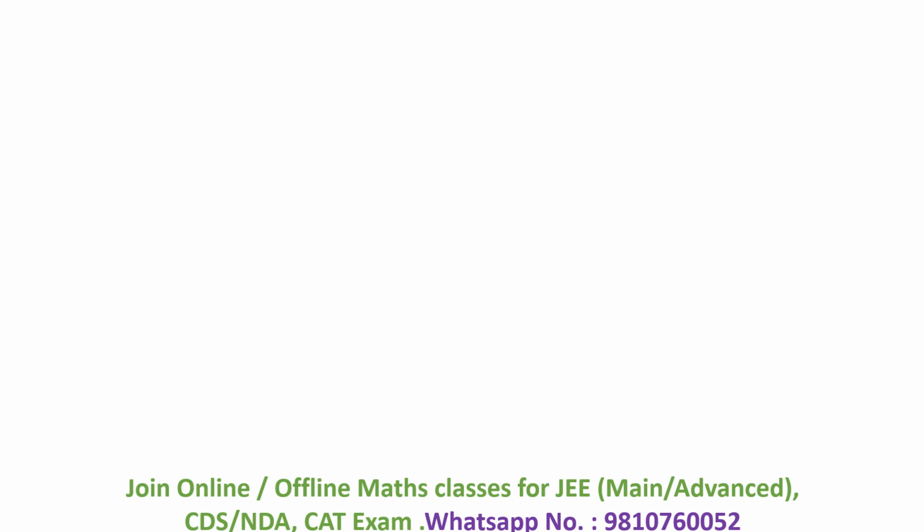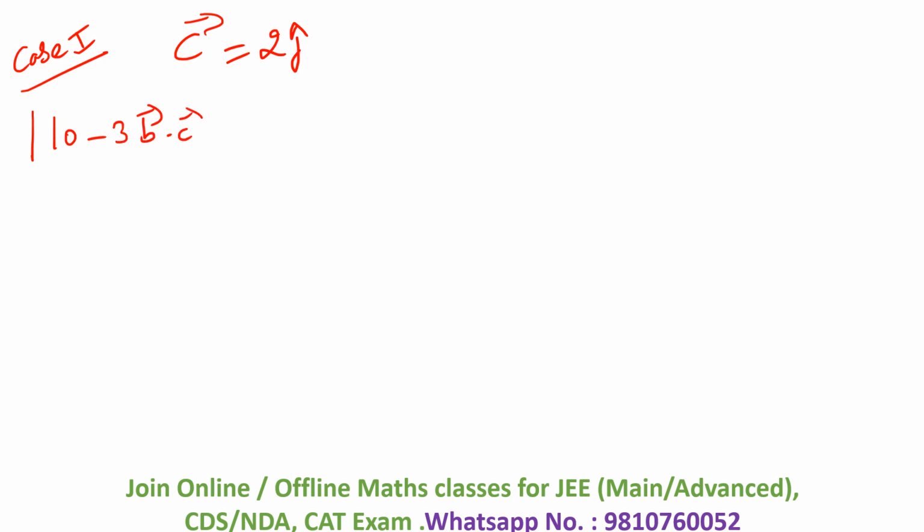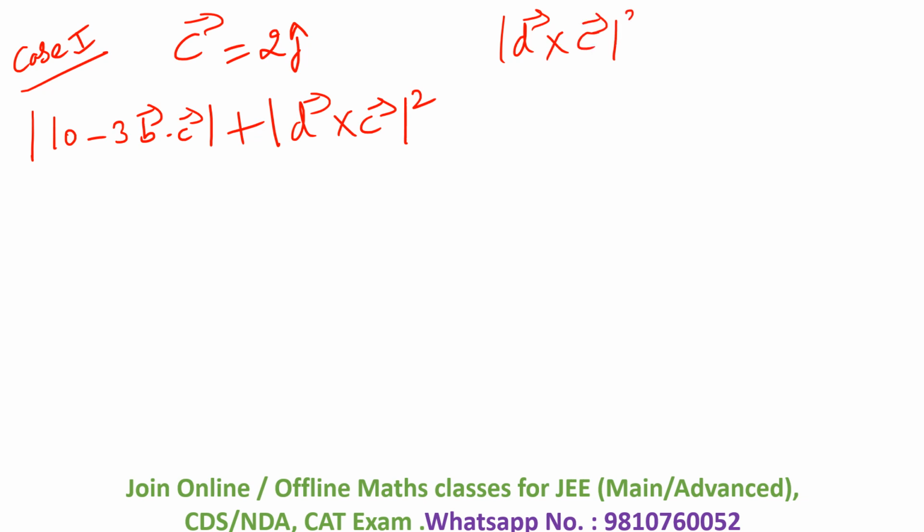Now students, let's consider case number 1 first. In this case, the vector c becomes equal to 2j. Why 2j? Because x is equal to 0, z is equal to 0 and y is equal to 2. Now we have to calculate the expression mod of 10 minus 3 into b dot c, plus square of mod of d cross c. Right? First of all, let's find the value of square of mod of d cross c.